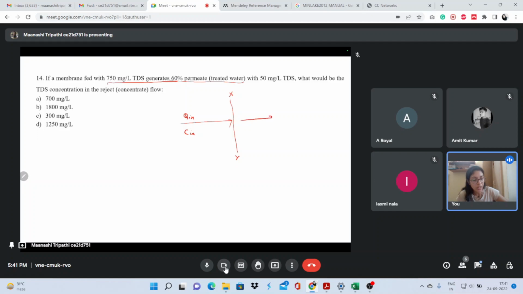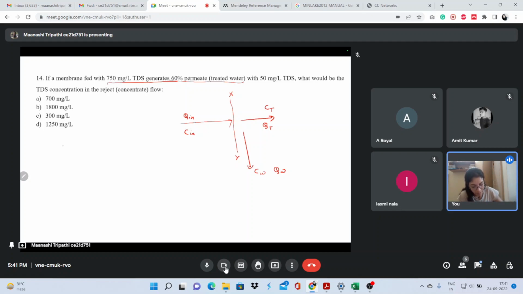Something will be treated and something will be thrown out as waste. So concentration and flow of treated, and concentration and flow of waste. Whenever we talk about membrane questions, we have to make it like this.